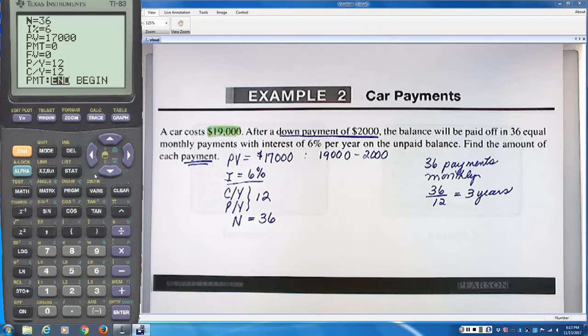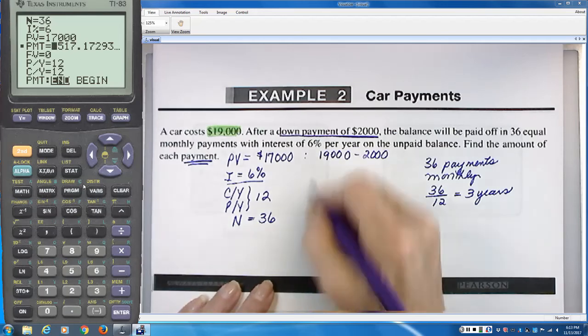So that means our payments actually are going to come back as being positive. So we're going to do alpha solve. I'm sorry, our payments come back as being negative because payments are being paid out for the amount of the loan in this case. But the future value of that loan is you paid the bank back a total of this much money and you get to keep the car.